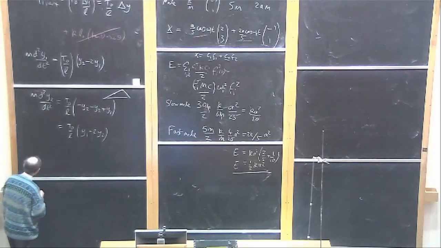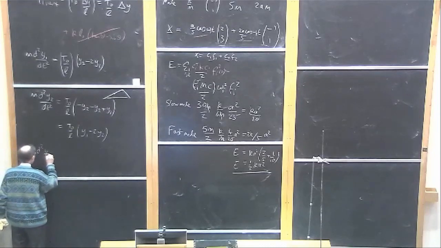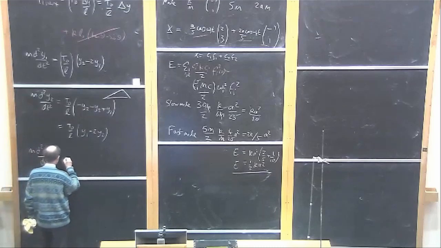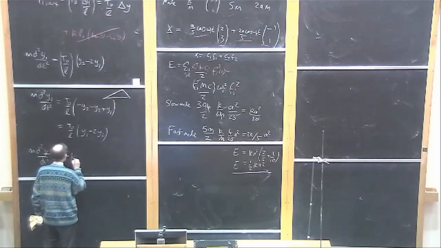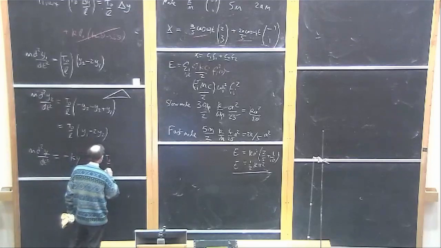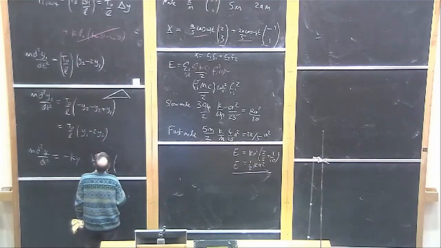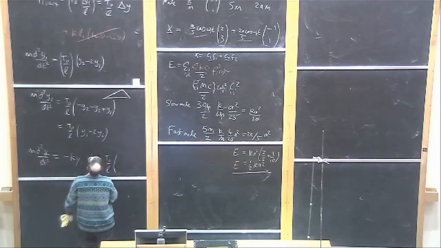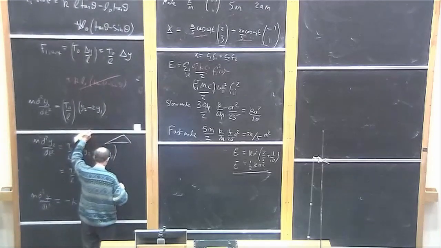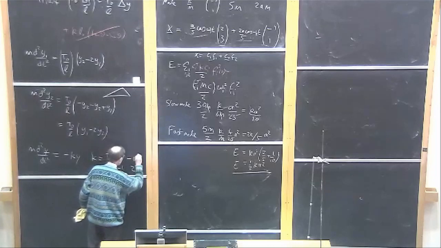So putting it into my now standard form, m d2y by dt squared is minus ky, where k is T naught over L times the matrix 2, minus 1, minus 1, 2.